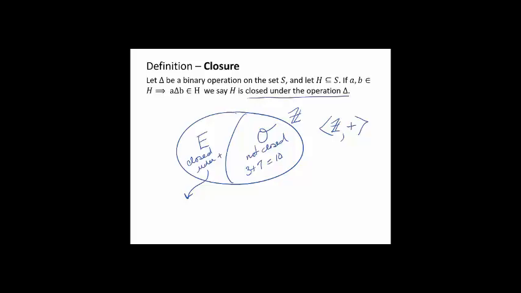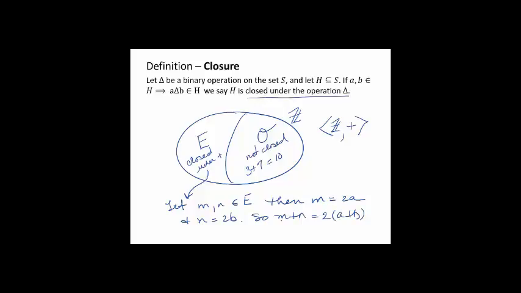But you could say, well, let M and N be in E. Then M is equal to 2 times A for some integer A, and N is equal to 2 times B for some integer B. So M plus N is equal to 2A plus 2B, which is 2 times (A plus B).